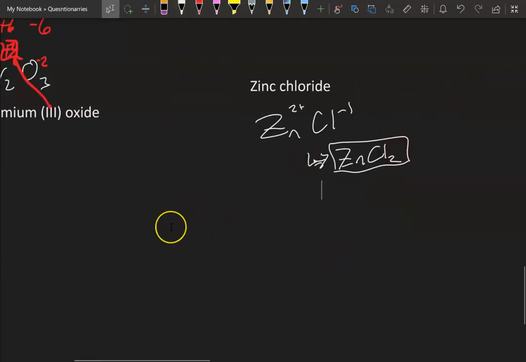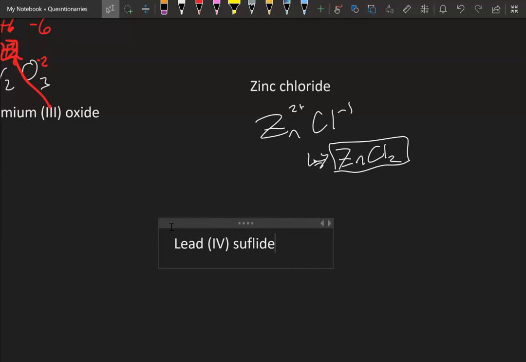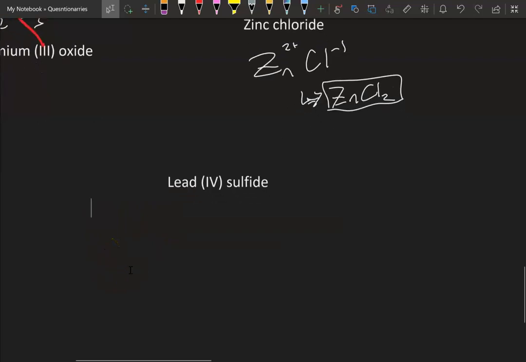Now, if I were to say lead(IV) sulfide, here is the name, but what I want to do is figure out what the formula is. So we have Pb. Its charge is +4 because it's got a Roman numeral 4. And then the sulfide itself is sulfur with a -2 charge.